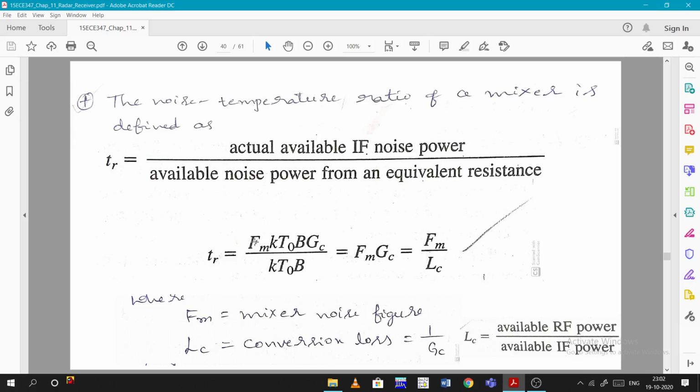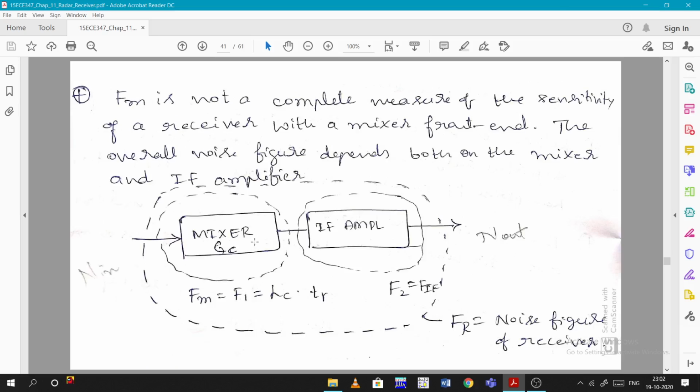Here it should be Fn, but since we are doing it for a mixer, we write Fm. Fm is the mixer noise figure, LC is the conversion loss, which is equivalent to 1 by Gc, where Gc is the gain of the converter. LC is the available RF power by available IF power.